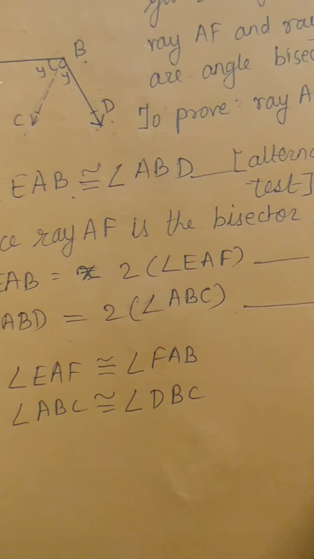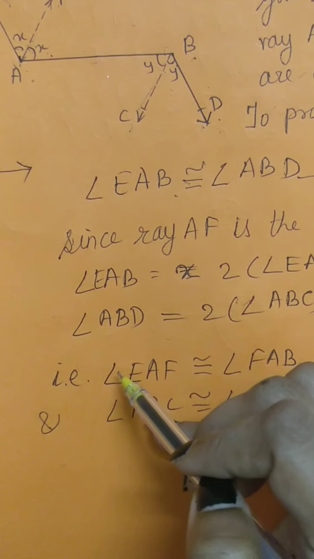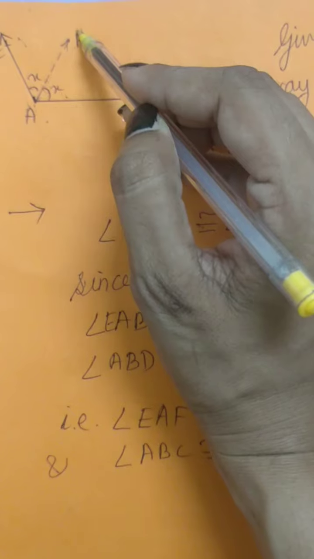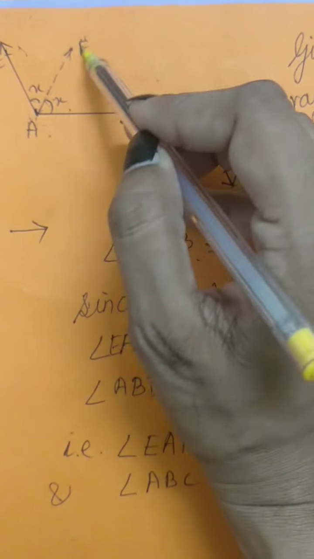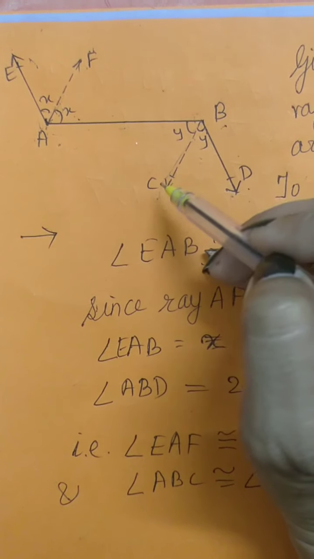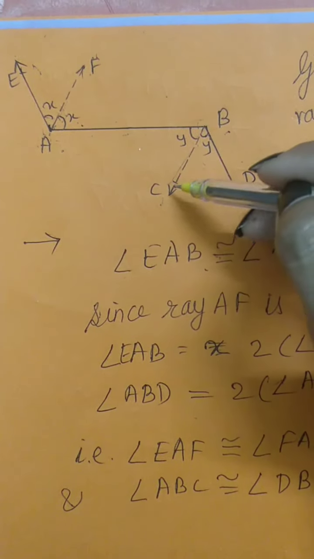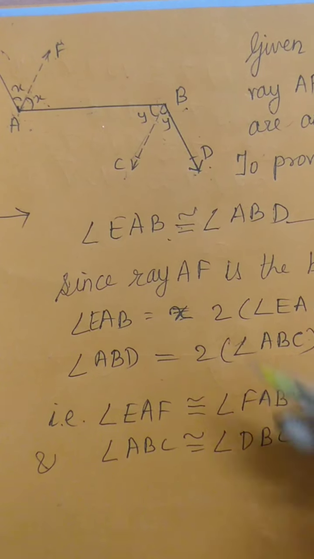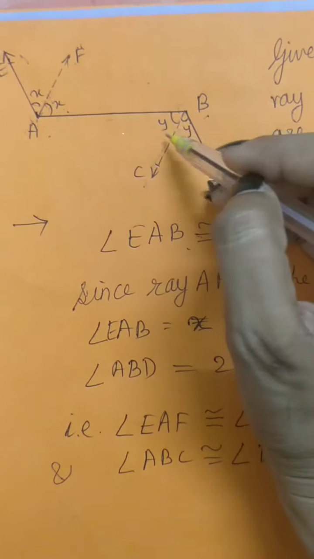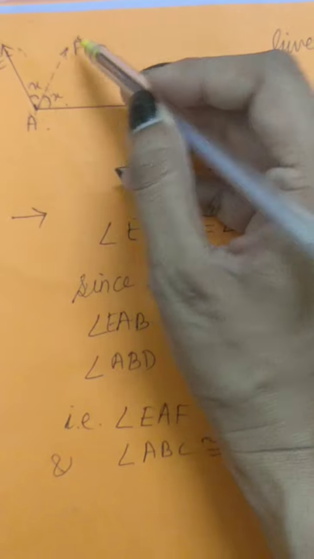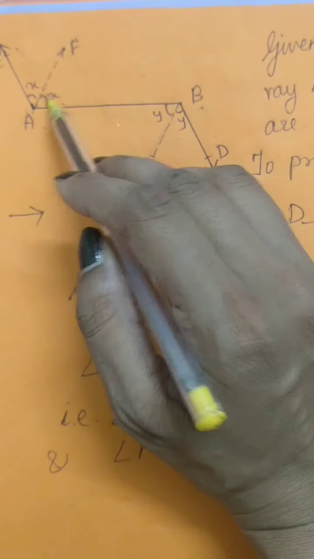Okay, this is 2, this is 3, and that is, this EAF is equals to FAB, and this ABC is equals to CBD or DBC. Okay, and if this and this are congruent, then we can say these two lines are also congruent because these angles are alternate angles.